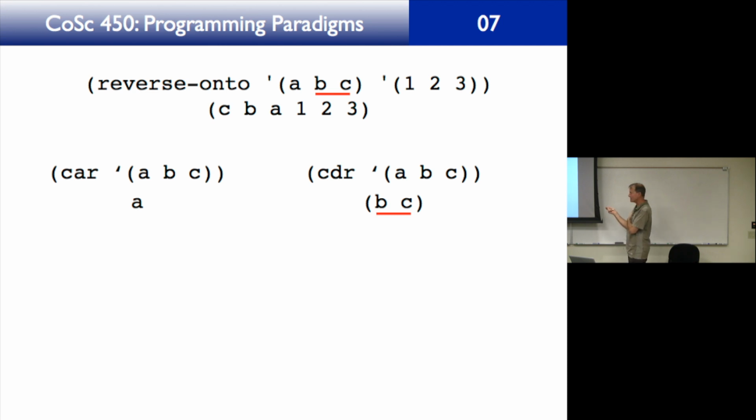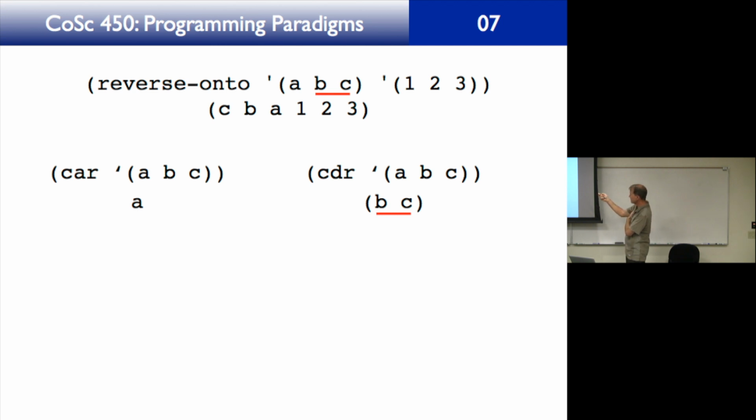Can you see where we're heading? If you do the reverse onto of what with what? B, C, and A. No. Because look, here, not B, C, and A, but you're close. You're halfway there. Close but no cigar. So it sticks the reverse of the first part onto the second part? Yeah, exactly. That's exactly what it does.